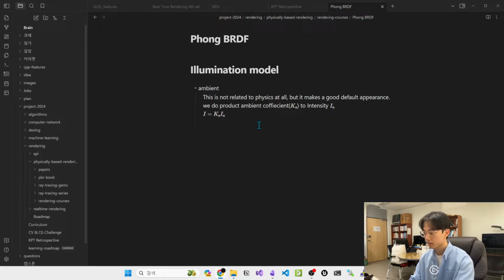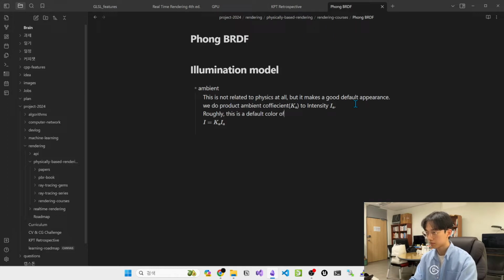This is dependent of the object. This means something like the color of the object. And the I is going to be the intensity, the ambient intensity of a scene or the light source. And later on we're going to be talking about why this is interesting.